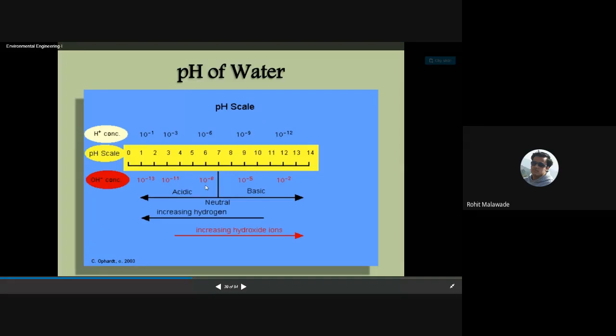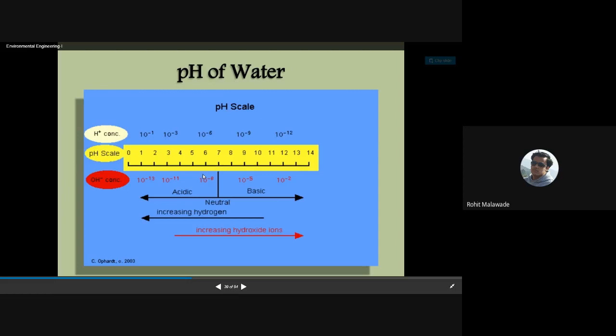The pH scale ranges from 0 to 14. If we consider neutral pH, when the pH is equal to 7, then we consider it to be neutral in range.